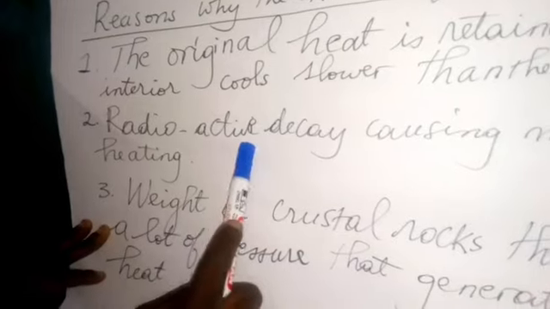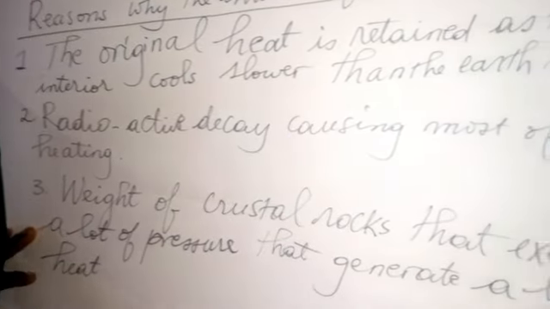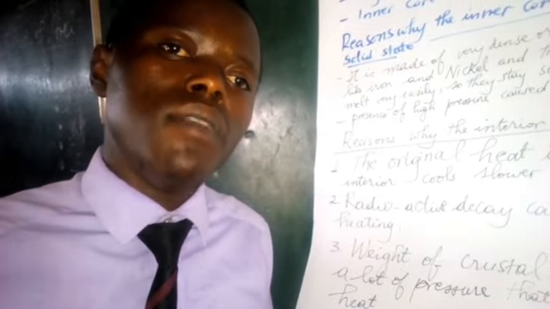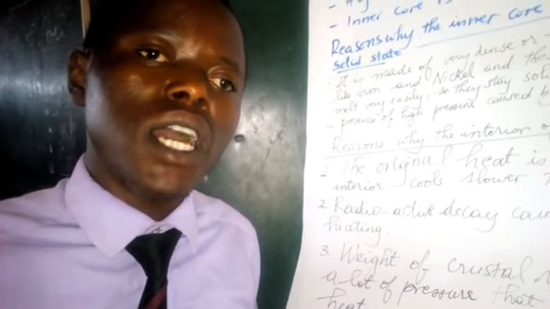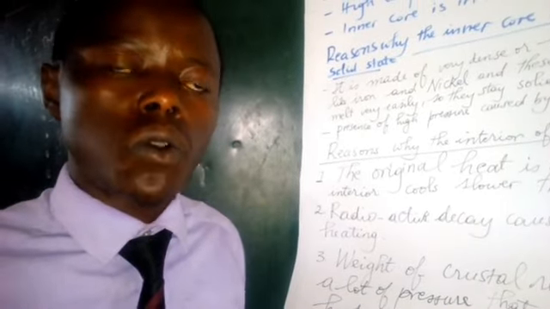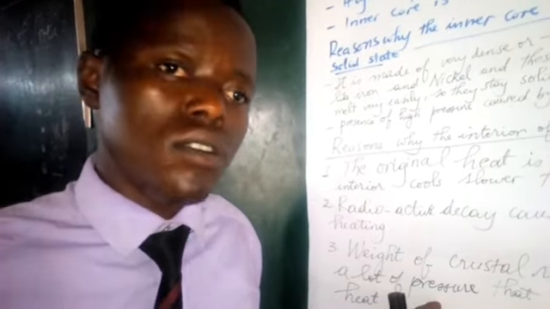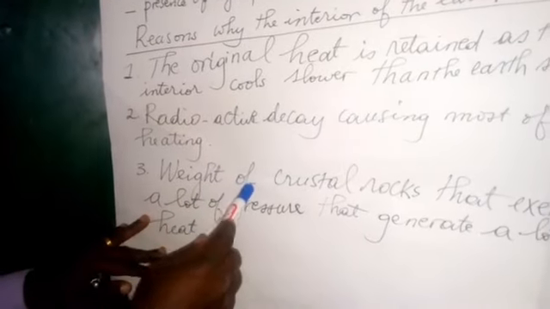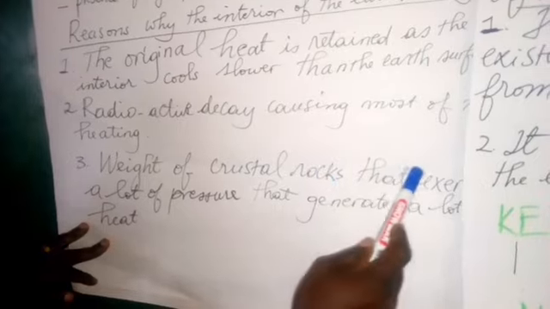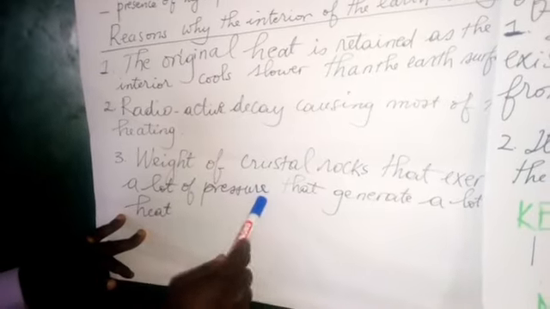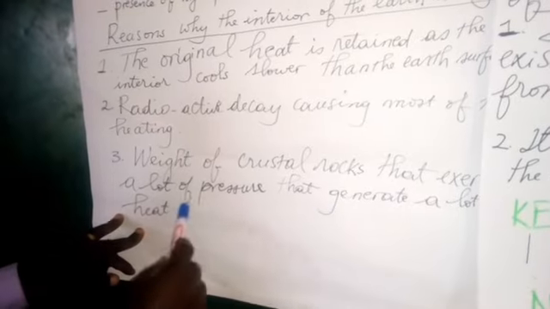Next, radioactive decay causing most of the heating. Those are chemical elements found in the interior of the earth that produce heat. So that heat causes the interior of the earth to be very hot. Next, the weight of cluster rocks exerts a lot of pressure that generates a lot of heat.